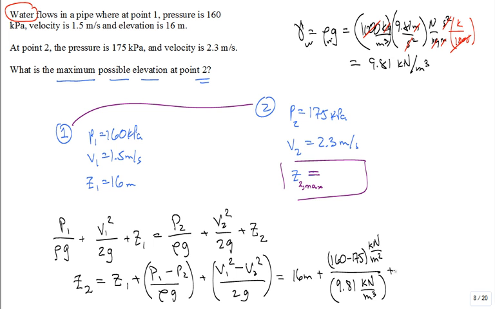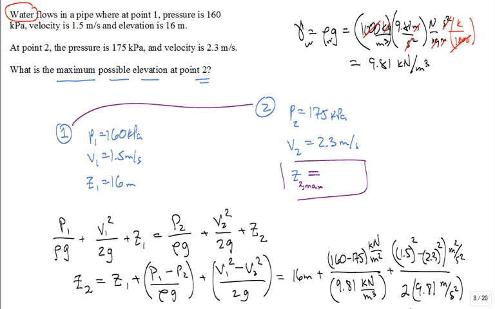We have V1, which is 1.5 squared, minus V2, 2.3 squared. Both of those have meters squared per second squared, divided by 2 times 9.81 meters per second squared. Did I do that correctly?